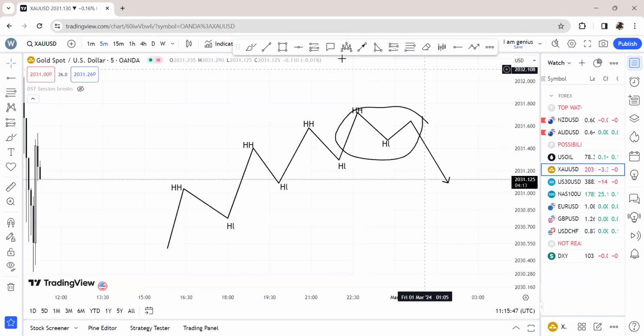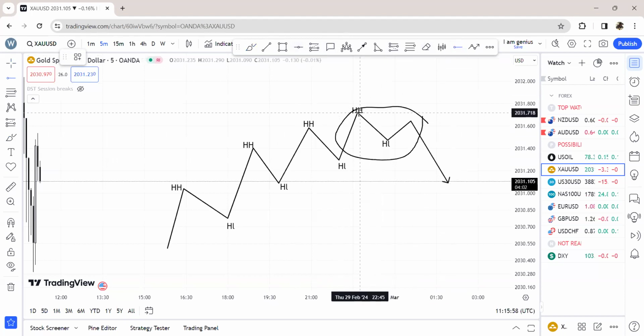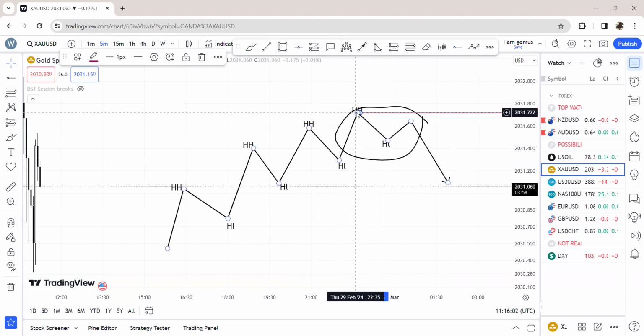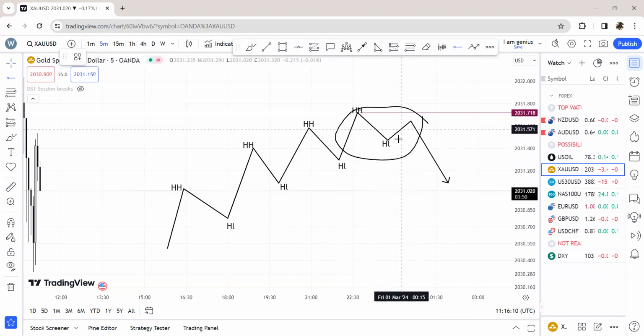Now there's going to be a market shift right around this second area. How do I know? Because the market has failed to go past the previous higher high. Since it has failed to do that, from this point on in time, we'll only be taking shorts.